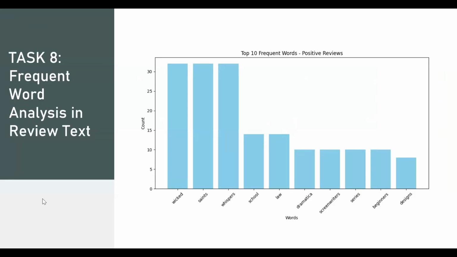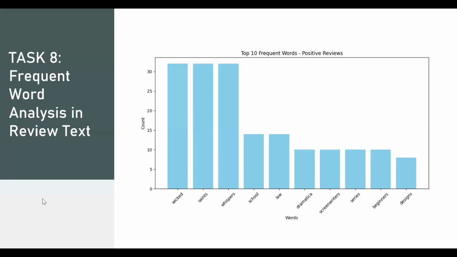Other notable words include school, law, dramatic, screenwriter, series, beginners, and designs, though their frequency is notably lower. This distribution suggests that readers frequently mention specific themes such as characters, like wicked, saint, also narrative elements like whispers, and context related to education and writing like school, law, screenwriters.